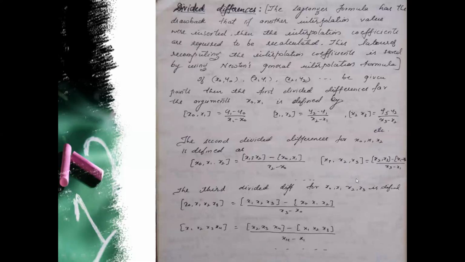It thus continues. The third divided difference for x0 x1 x2 x3 is defined as [x0, x1, x2, x3] under the square brackets, which is equal to the difference between the second divided differences, that is the divided difference of x1 x2 x3 minus the divided difference of x0 x1 x2, divided by x3 minus x0.